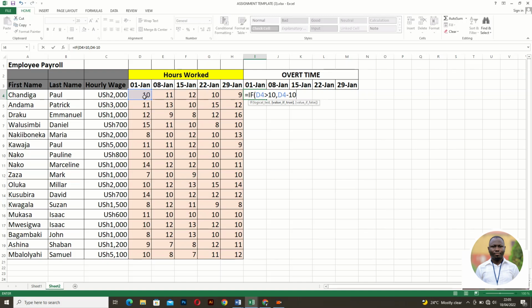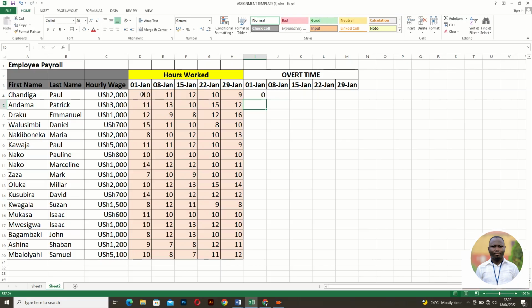But then what if it is not greater than 10, it's less than 10? If it is less than 10, we should just give it 0, because there is no overtime that the person worked for. So by doing so, we can just close our bracket and then press enter.